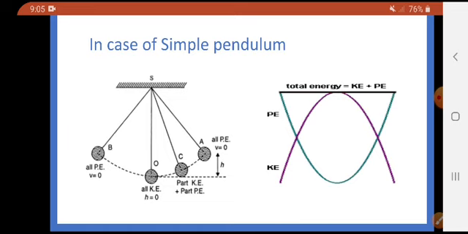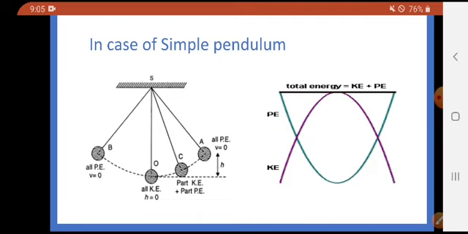Whatever energy it has at the mean position is totally converted into potential energy at the extreme positions. So by this we can prove the conservation of energy law in the case of a simple pendulum.